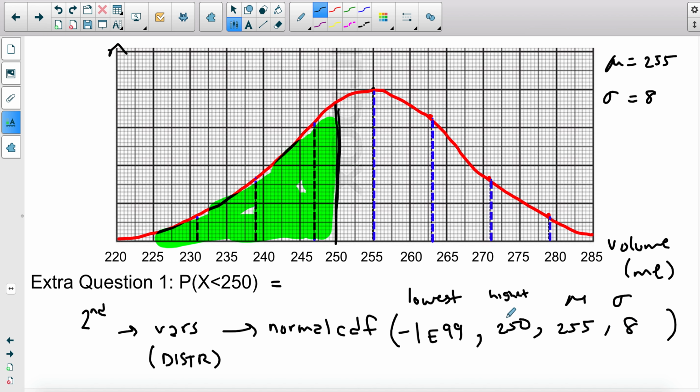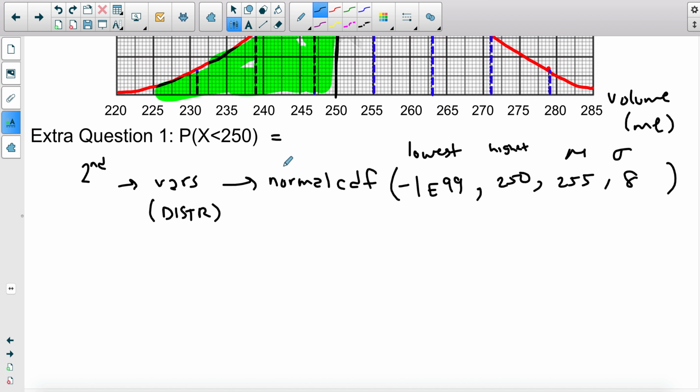And that's it. You just press enter, and it's going to give you the area or the probability. So for this question, it's 0.266, which if I want to round it, or write it as a percentage, is 26.6%. If the question asks you for a percentage, but since it wanted the probability, then we just write 0.266.